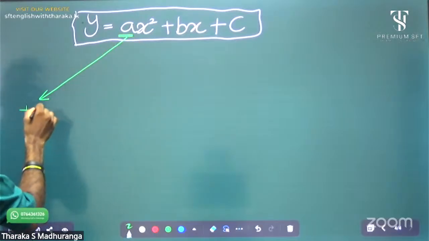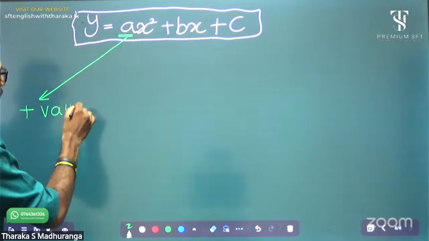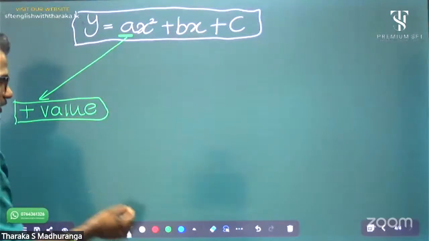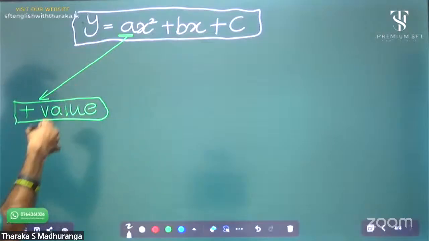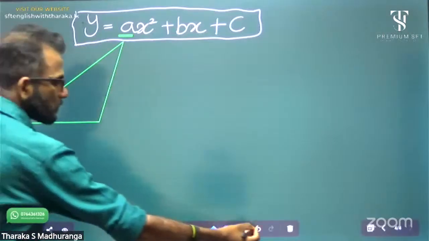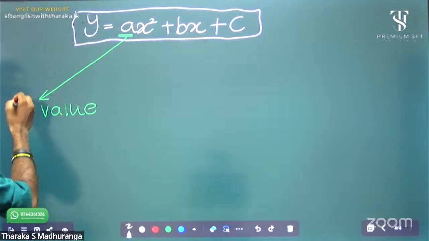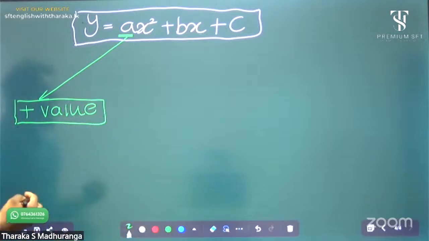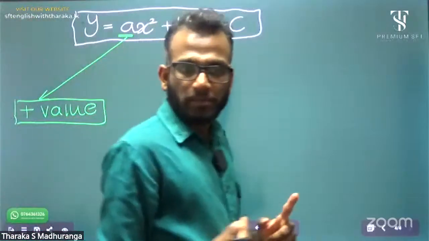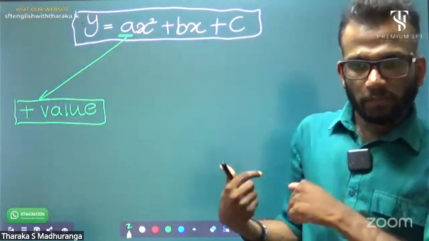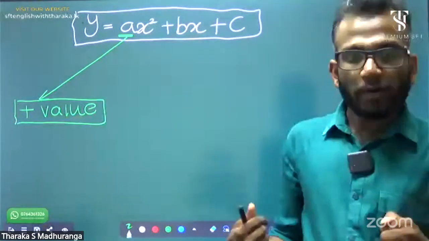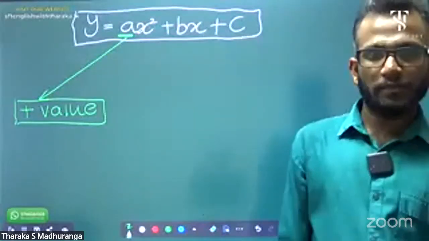Remember, if this A coefficient is a positive value, definitely the parabolic shape is which one? Sorry, maximum or minimum? If it is a positive value, how about the shape of the parabola?